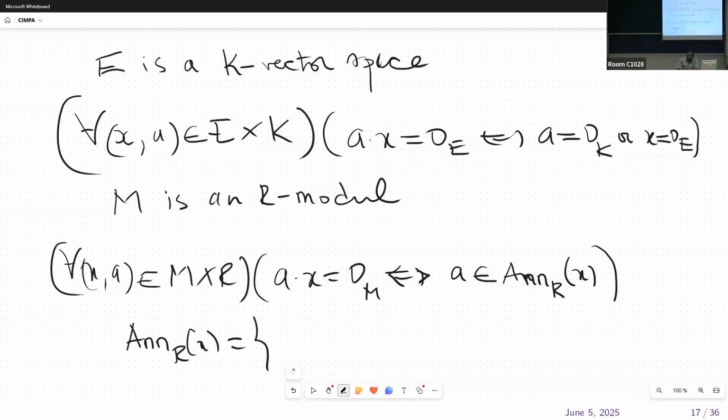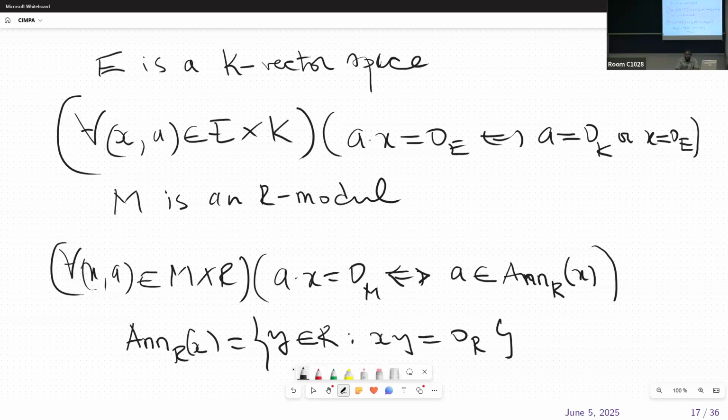It's the set of elements of R such that a x equals 0 of M. That is the annihilator. The annihilator is an ideal of R. Okay.